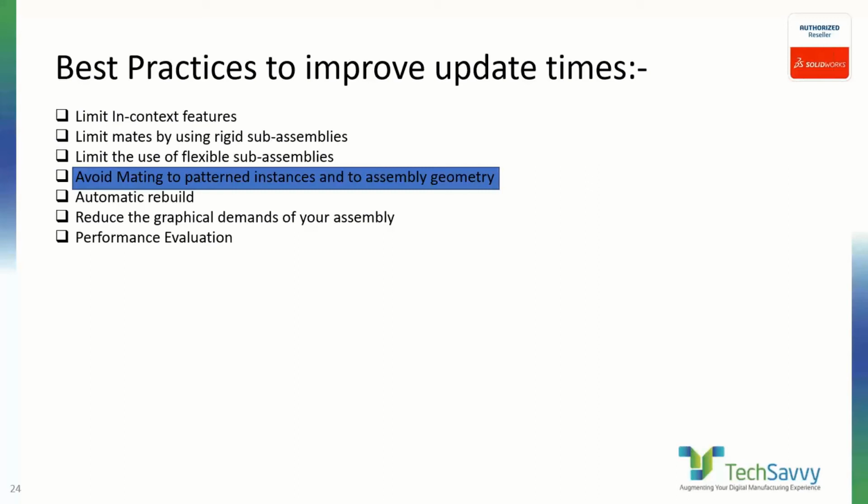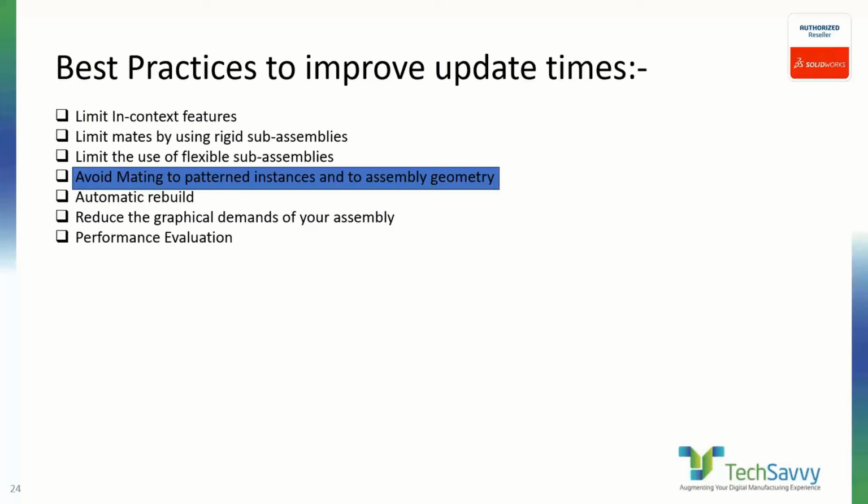When you mate to assembly geometry, you create an order dependency. First, mates are solved to determine the location of the component, then the components update their positions and assembly features solve. Finally, the mates solve again to account for the new positions. So avoid mating to top assembly level component assembly features.